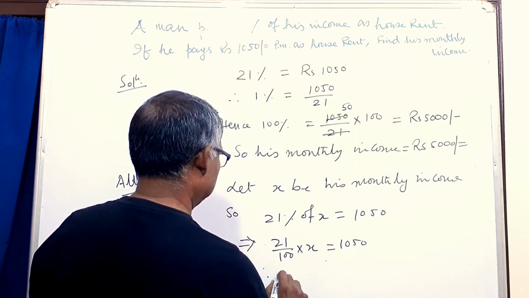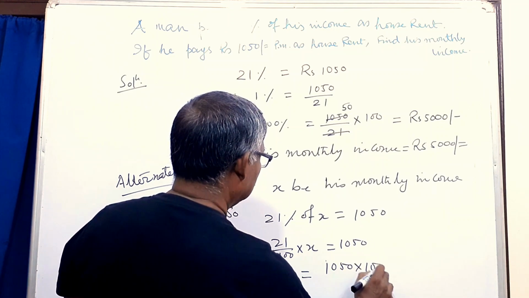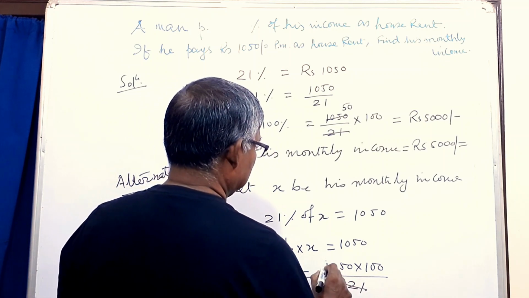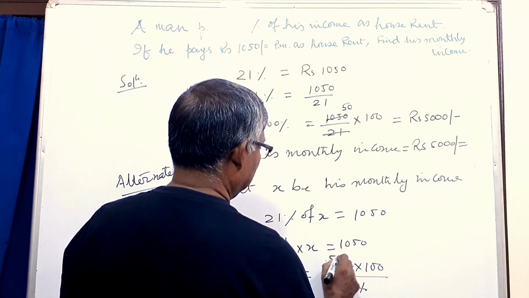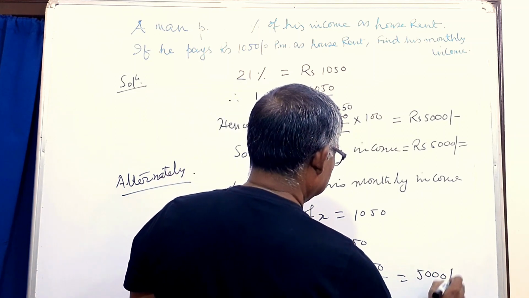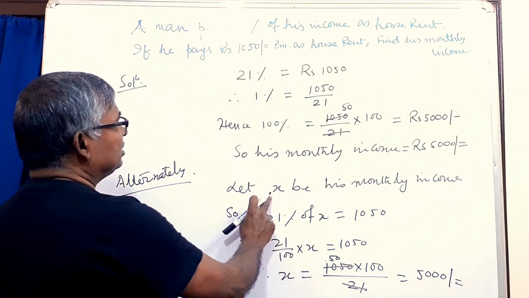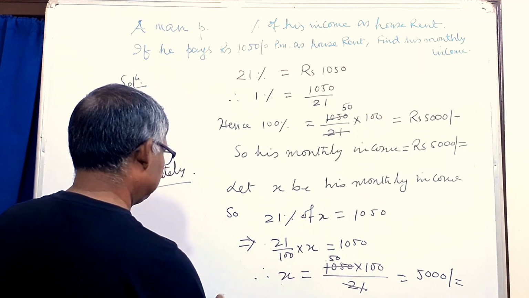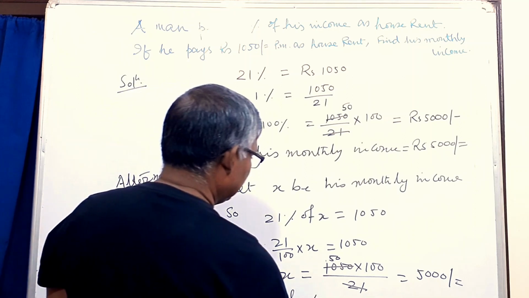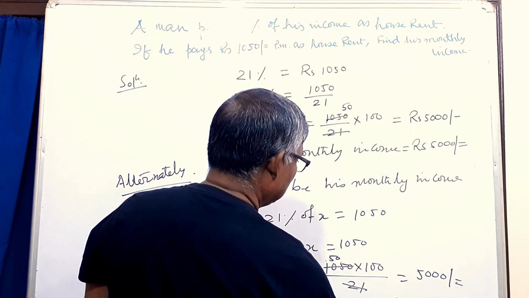Therefore, x equal to 1050 into 100 by 21. Now it is cancelled by 50, so that is 5000. Since x is monthly income, therefore monthly income equals to rupees 5000.